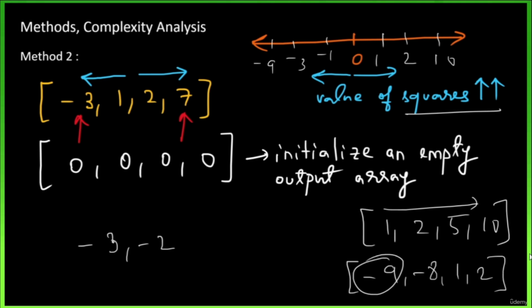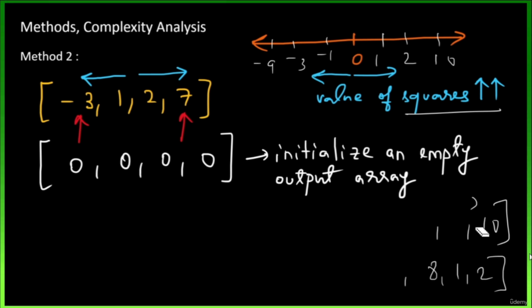So yes, this is true. And again over here also, if I have 2 and 3, 3 square is greater than 2 square. So we are just looking at which is the greatest positive value or the greatest negative value, right? So we just need to look at these two extremes and we can be sure that one among these two will be the greatest when we square it, right?